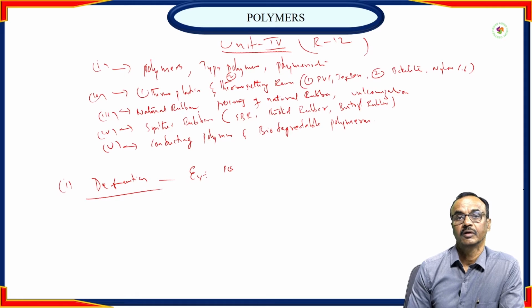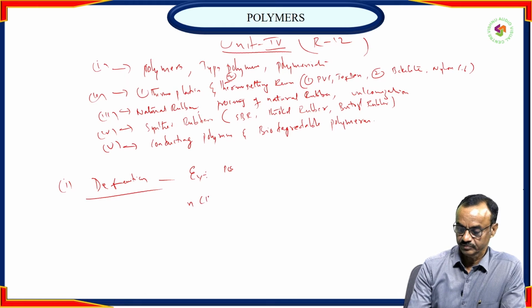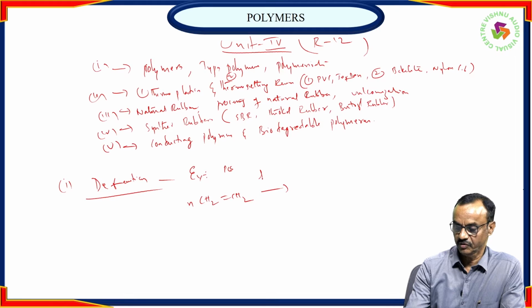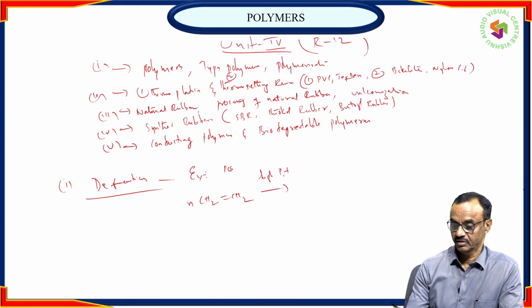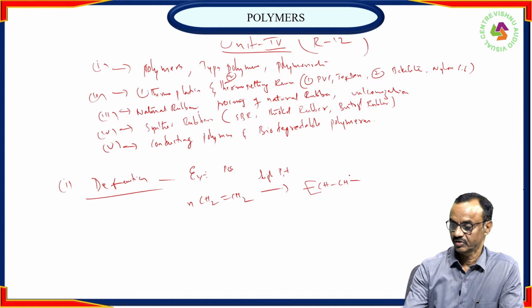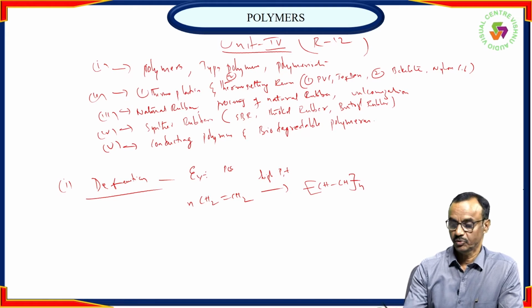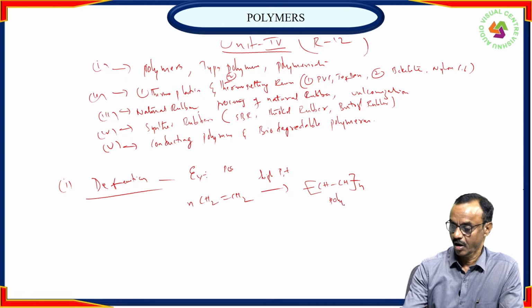N number of ethylene molecules combine under the conditions of high pressure and temperature, and formation of a bulky, lengthy product takes place. This lengthy product is called polymer.